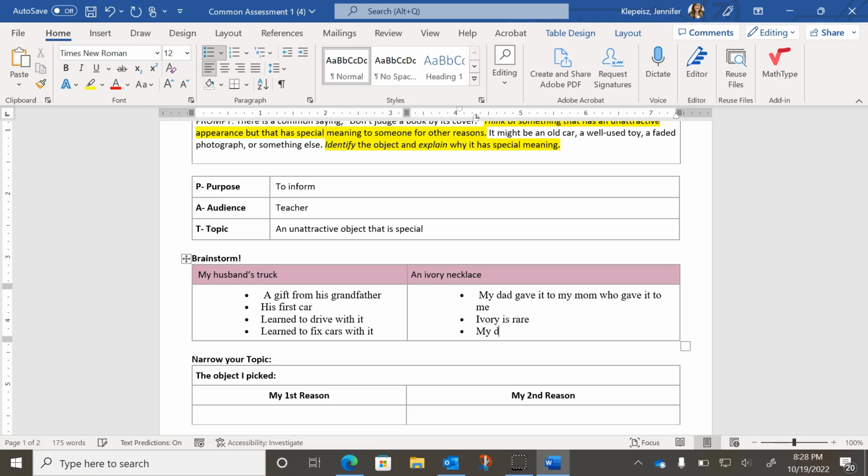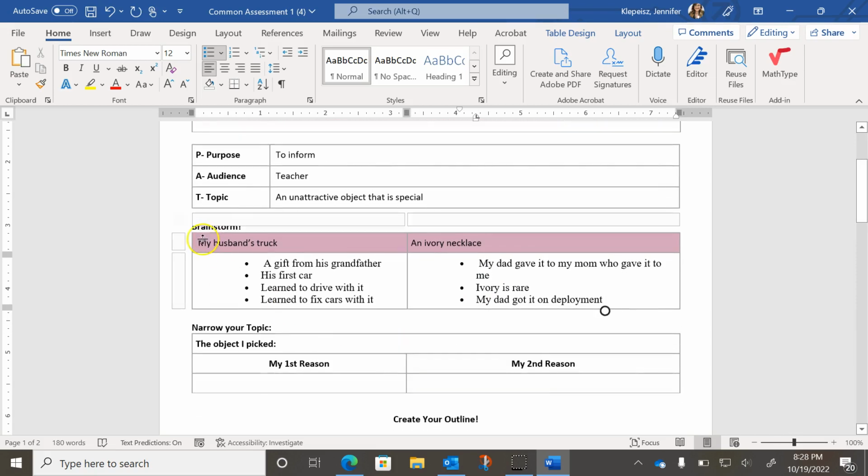My dad got it on deployment. So I was able to come up with these ideas pretty quickly because I've been teaching with it, right? But if I'm sitting down to brainstorm for the very first time, this might take me a little bit of extra time. So really take the time to think about the ideas you're writing down.